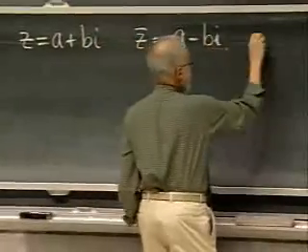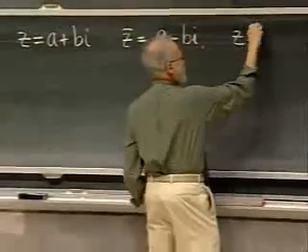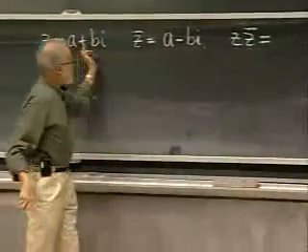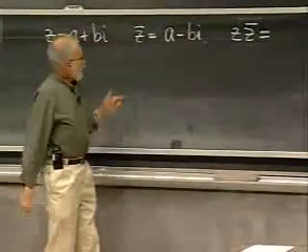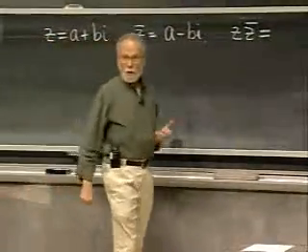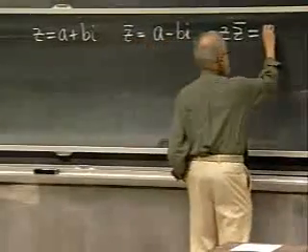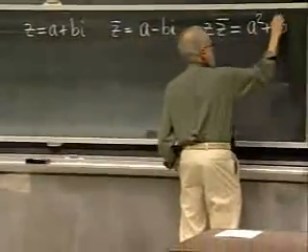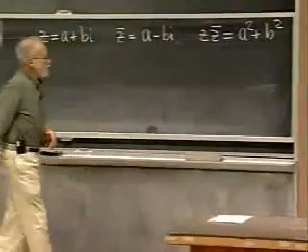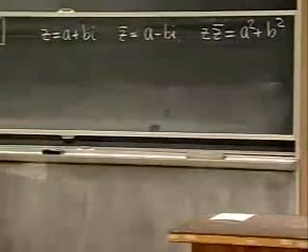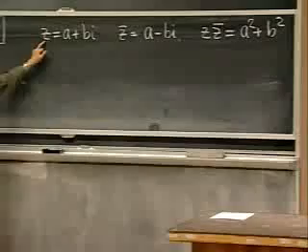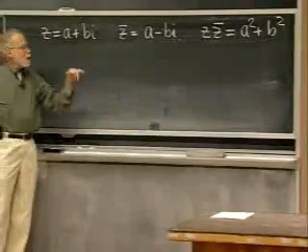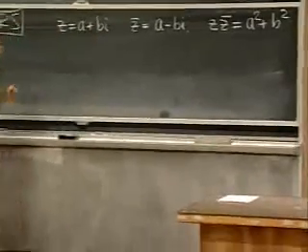And the important thing is that the product of those two is a real number: a squared minus the quantity ib all squared, which makes a squared plus b squared, because i squared is -1. If you want to multiply this by something to make it real, you always multiply it by its complex conjugate.